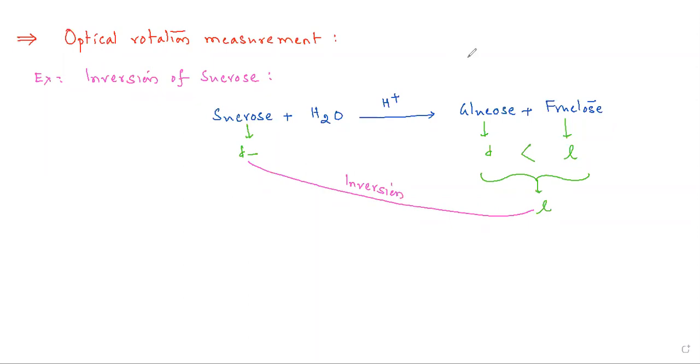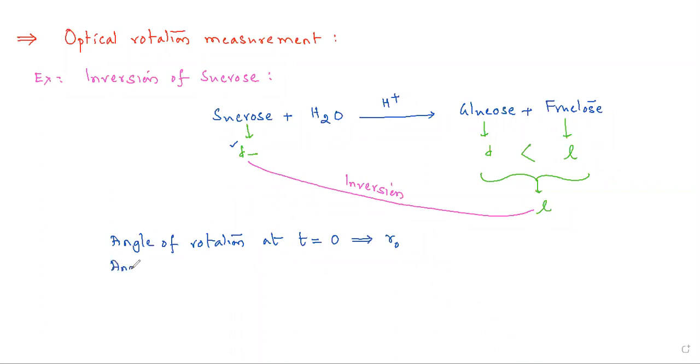Now here in this case, this is what is taken into consideration to monitor the progress of the reaction. I mean, optical rotation is what we consider. Now suppose we take the angle of rotation at a time t equal to 0, this can be given as R0.